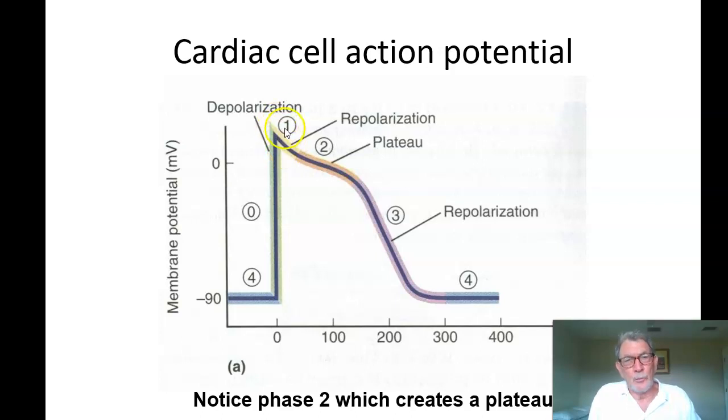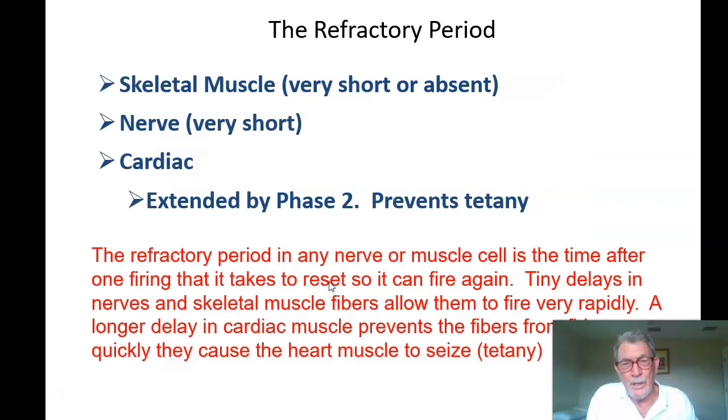Here, this is a little resting phase, which doesn't matter. Phase 2 is this plateau phase. If potassium were allowed to go out right away, you would just repolarize like a skeletal muscle cell does. But instead, you open calcium channels, and that influx of calcium keeps you positive for a little while, stretches this out, gives you more calcium to help the heart beat more strongly.